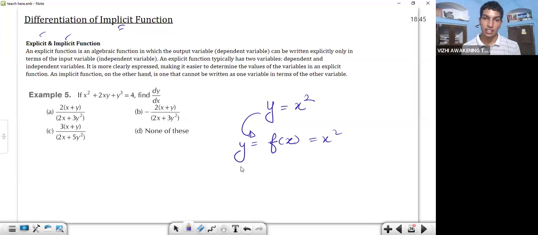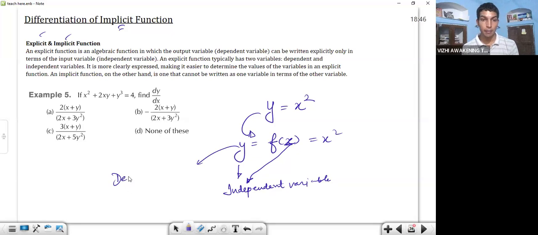Okay, so here we see that this is the independent variable. Independent variable is this, because this is independent. This is of our choice. What will come as y, it is a dependent variable, and it is depending on what?